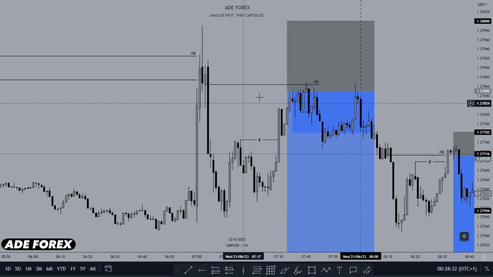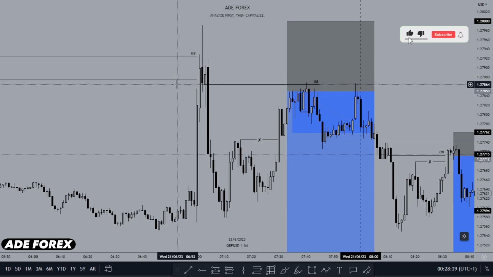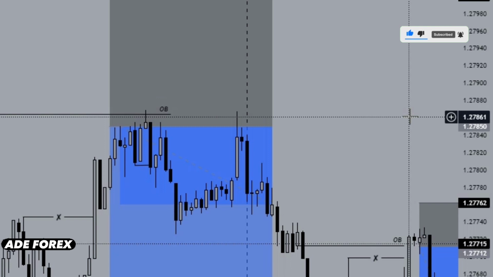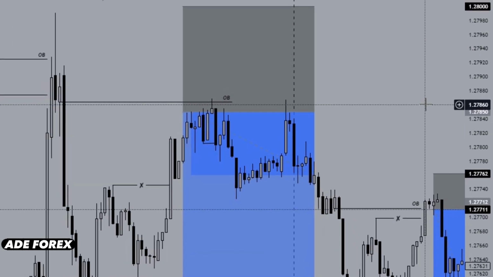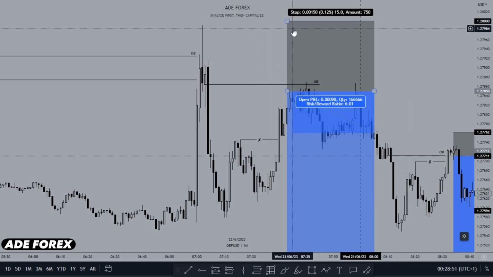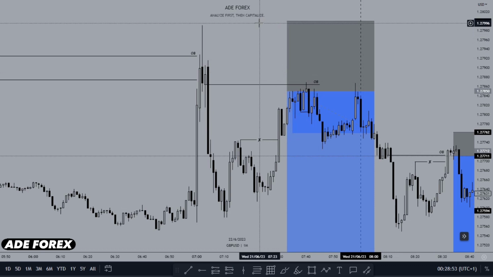At first I wanted to enter at this order block, at 1.2786. I had marked out that level. But looking at the 15 pips I was looking to risk, there was still enough space, because I was not even expecting this high to get taken out, so I adjusted my entry a little bit lower.